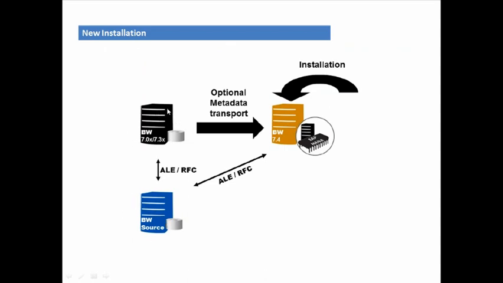The black is the existing BW system with some non-HANA database. So when you look at the new installation, the option is you are not disturbing this. You first install HANA database, install new BW with 7.4, whatever latest version you want.